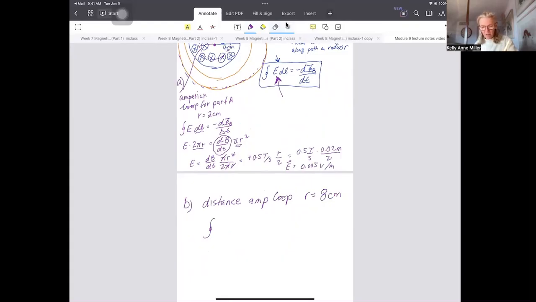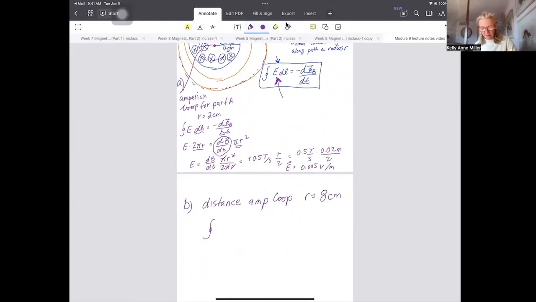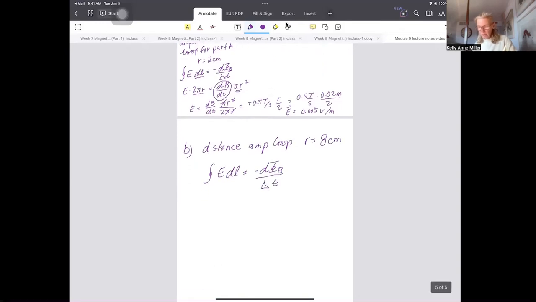The path integral E dl equals negative d flux over delta t. Okay. So this is going to be E times 2 pi r, where r is 8 centimeters, right?